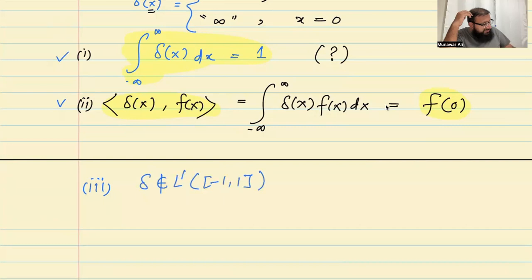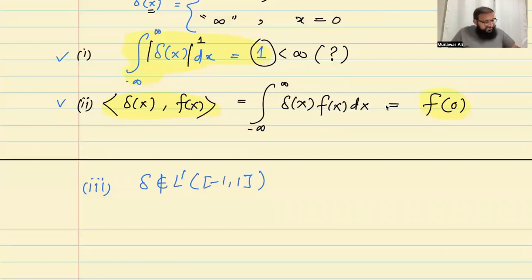You might say, okay, if I raise this to the power 1 and I integrate, this is 1, which is finite, so why is this not in L1? L1 is a space of functions, but I'm saying that delta is not a function. So how can I say it's going to satisfy some sort of integral properties? This is the problem.